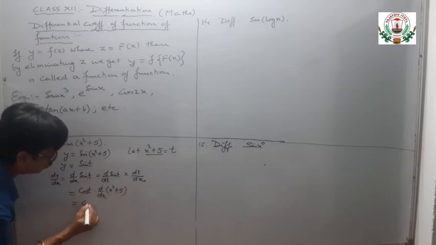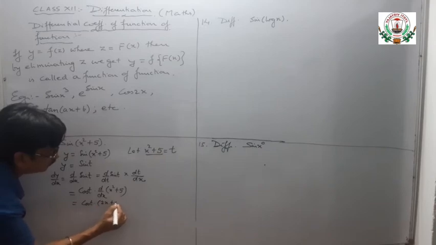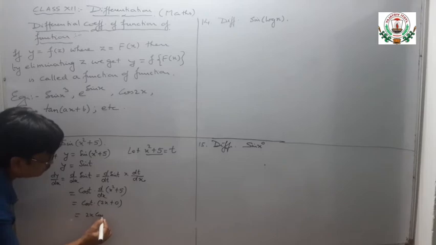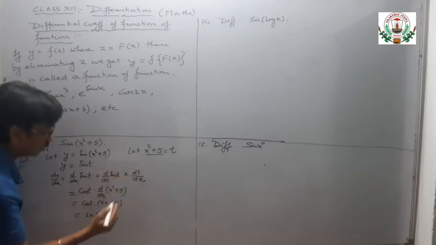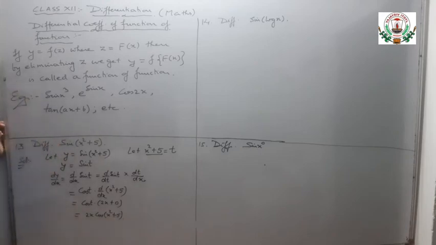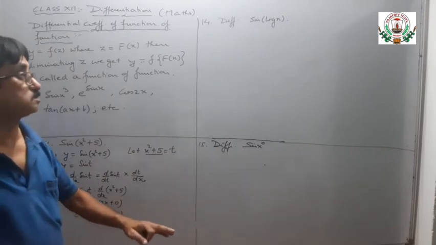So cos t, d by dx of x square is 2x, d by dx of constant is 0. Now 2x cos t. What is t? x square plus 5. At last in the final answer, in place of t, whatever function you assumed, you just write it down. The final answer is 2x cos of x square plus 5.